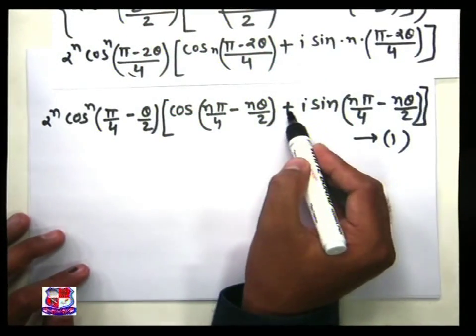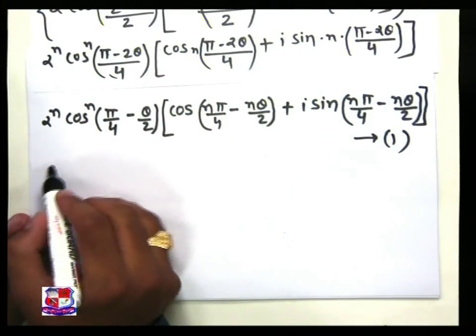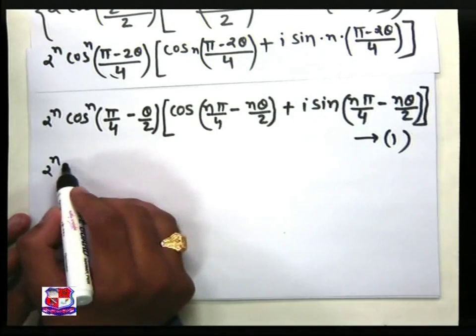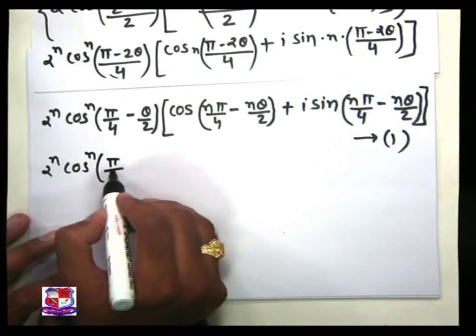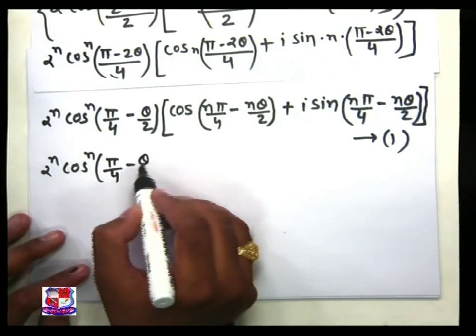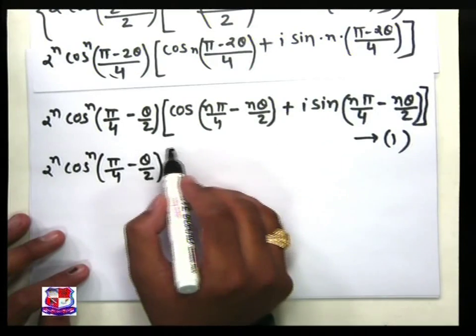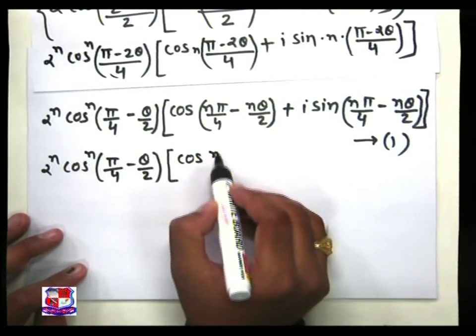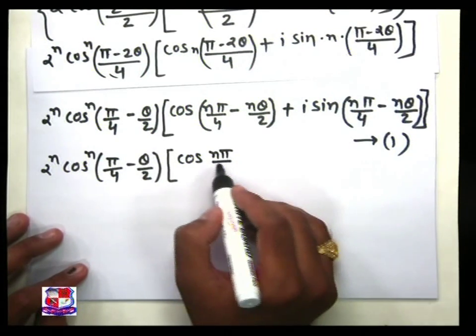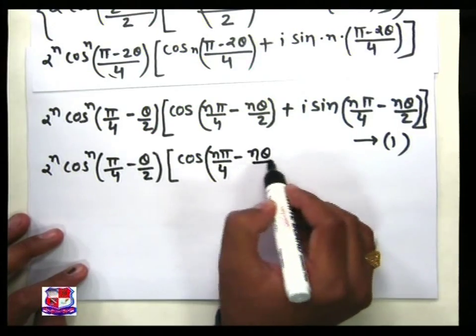Our equation number 2 becomes 2 raised to n cos raised to n of pi by 4 minus theta by 2, bracket as it is, cos of n pi by 4 minus n theta by 2.